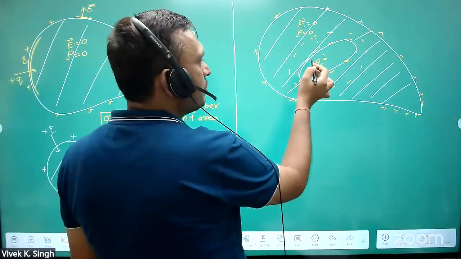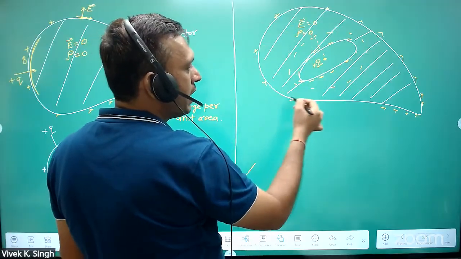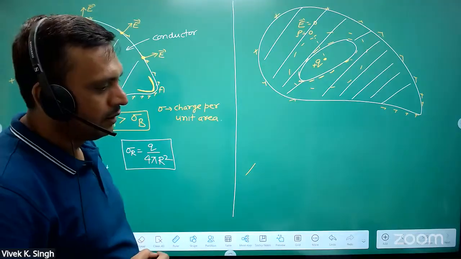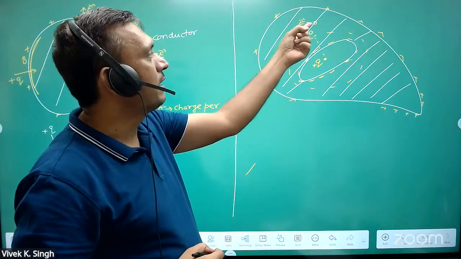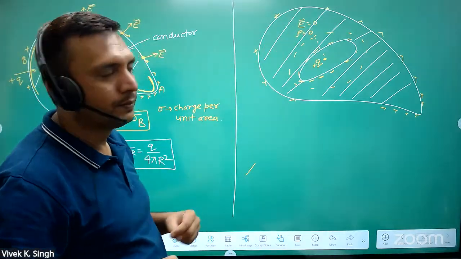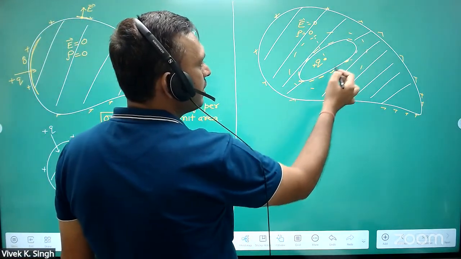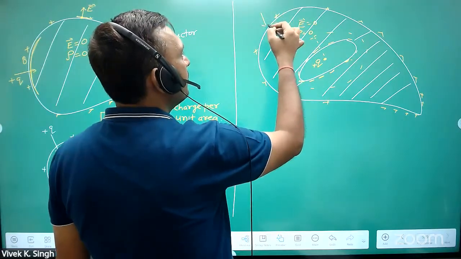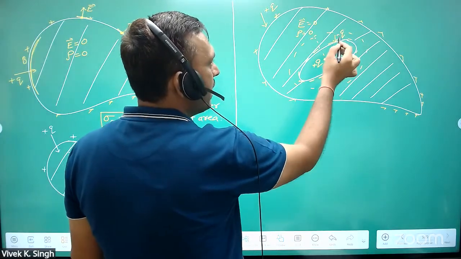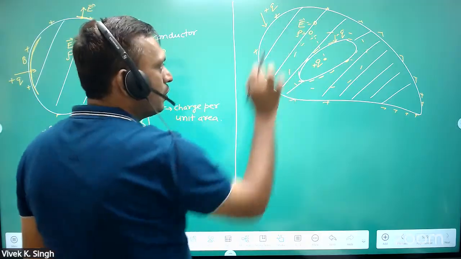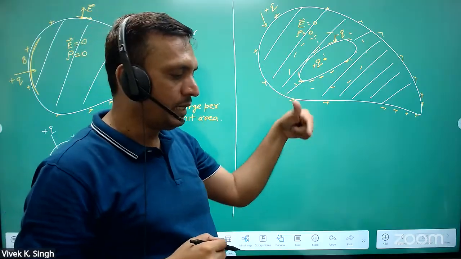So this accumulation will take place until the electric field is 0. On the outer surface, positive charge will develop, and on the inner surface, negative charge will develop. This will be plus Q and this will be minus Q. So plus Q minus Q, total charge enclosed will be 0. Now Gauss law is satisfied here, and electric field will be 0. And on the outer surface, you will get plus Q charge.